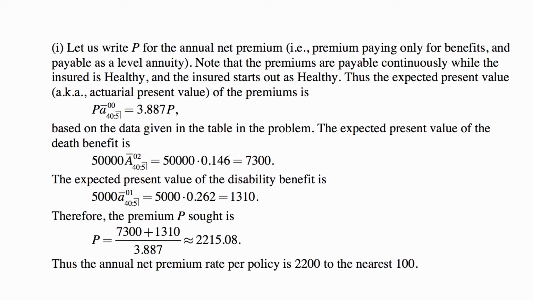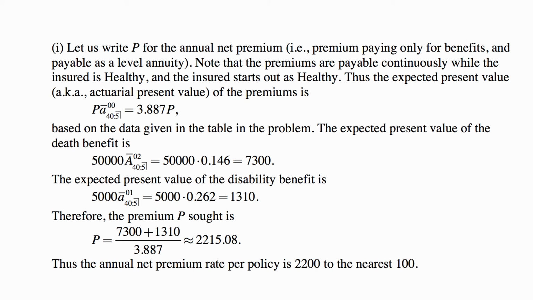Then the expected present value of the death benefit is 50,000 times, and what is this? Big A bar, 40 colon angle 5, upper 02. Well, it's a continuous form of payment, at the moment of death, not really death, but transition from state 0 to state 2.